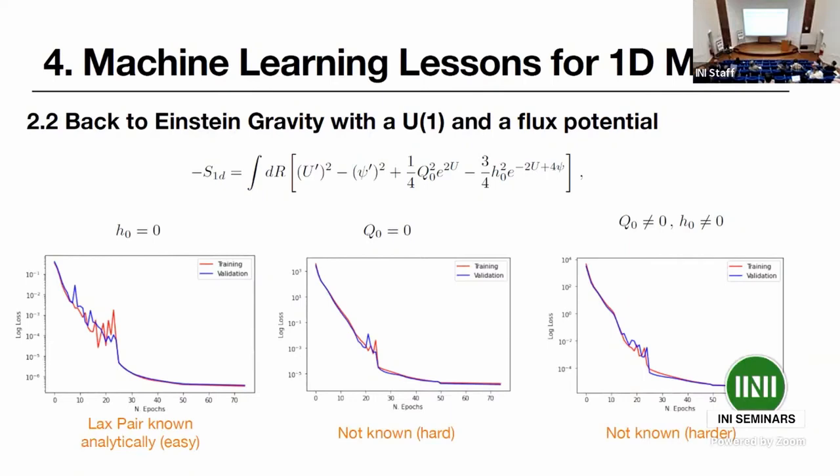And if you don't have now a Q0 or H0 set to 0, then you start with losses of order 10 to the 4. You can still go down, but then the question is if these models, with losses of the order of 10 to the minus 5, 10 to the minus 6, really capture the entire story and tell you that indeed you have a Lax pair for those systems.